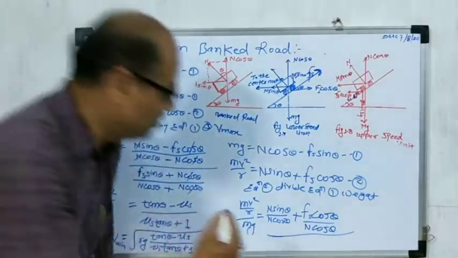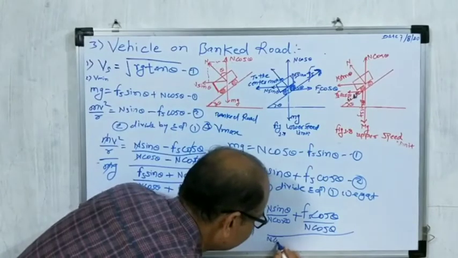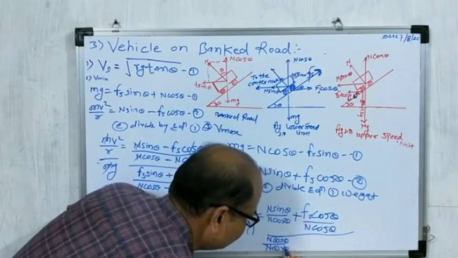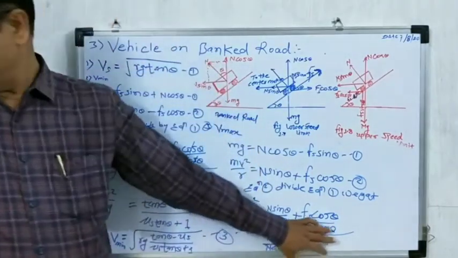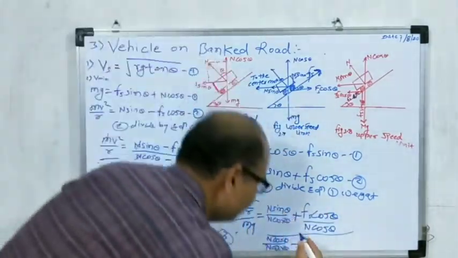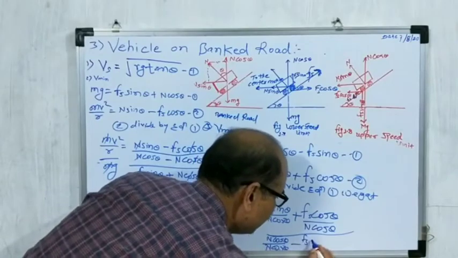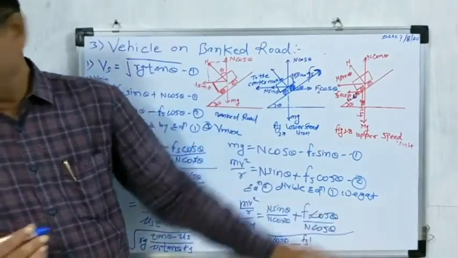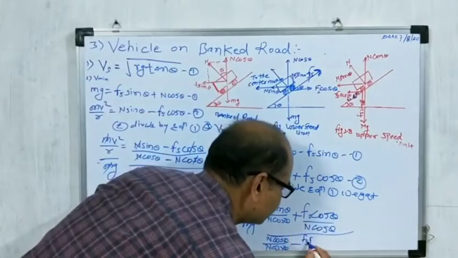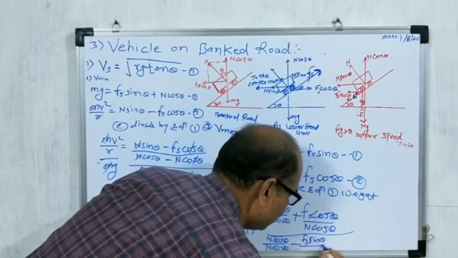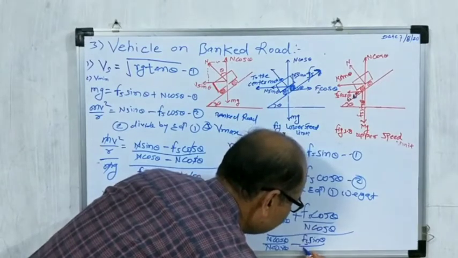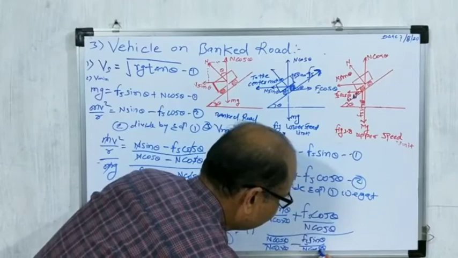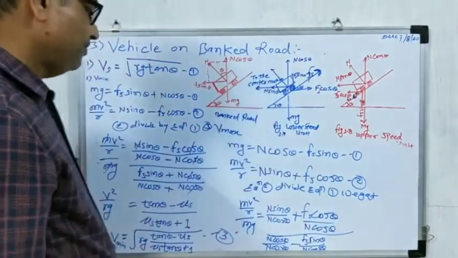Therefore n cos of theta divided by n cos of theta minus f s sin of theta divided by n cos of theta.